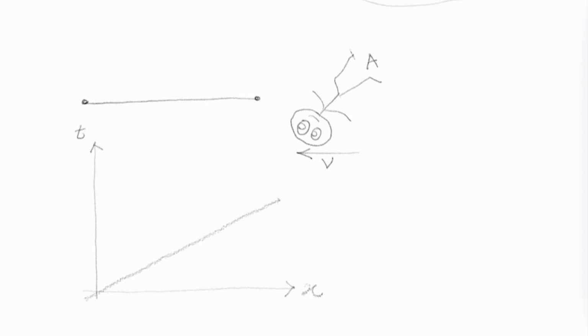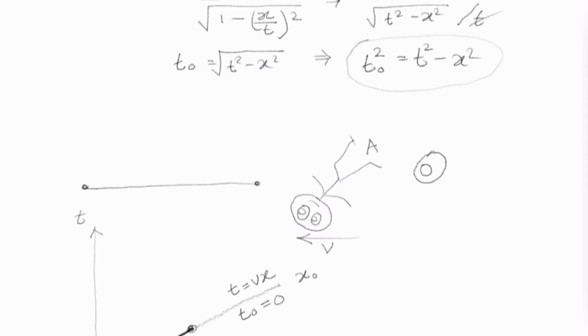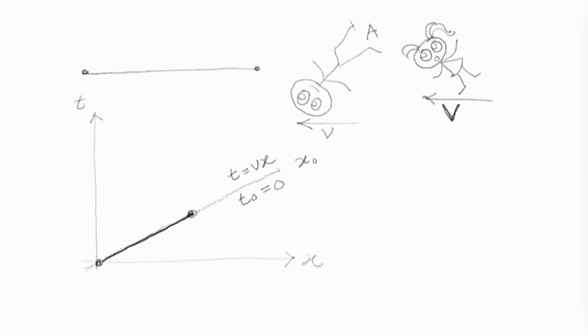In other words, this is the length of the tape measured in its own reference frame, or the length of the tape to itself. This is t equals Vx, or t naught equals 0. This is another moving observer, and this is her frame of reference.